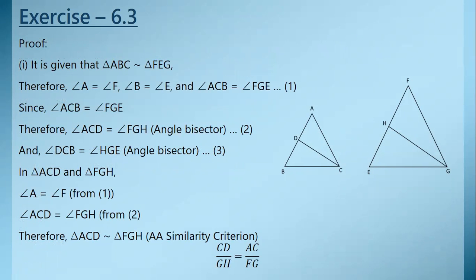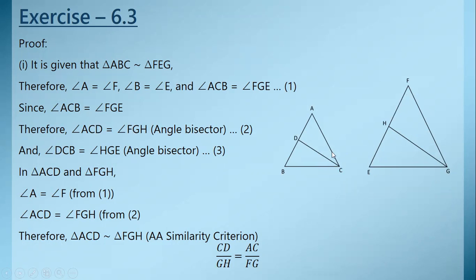It is given that in triangle ABC, that is a whole triangle, and FEG, again the whole triangle, are similar. So the corresponding angles will be equal. That is, A will be equal to F, B will be equal to E, and C will be equal to G, the whole angle.